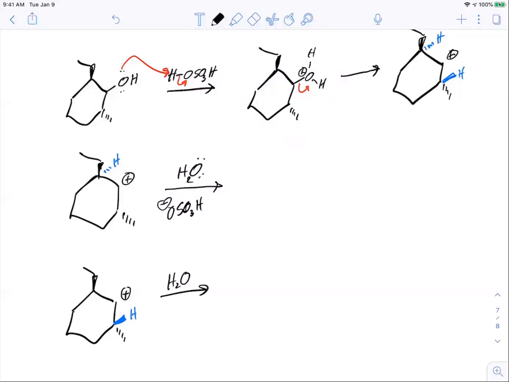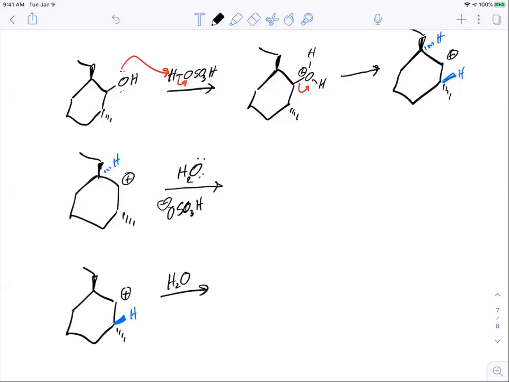Because the sulfonic acid has a pKa of negative 7 or 8, and the water has a pKa of 15.7, and the conjugate acid of that is the hydronium, which is around 0 to -1. So the best base here is actually water.